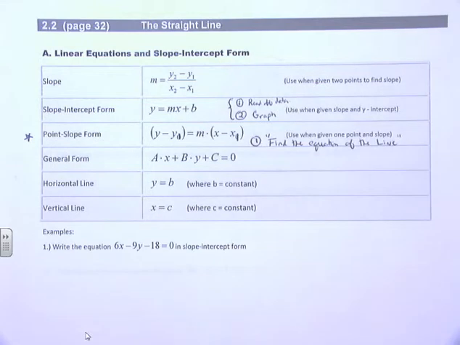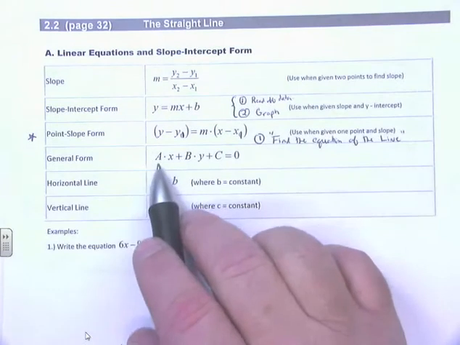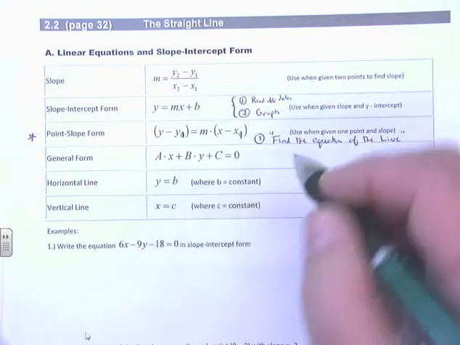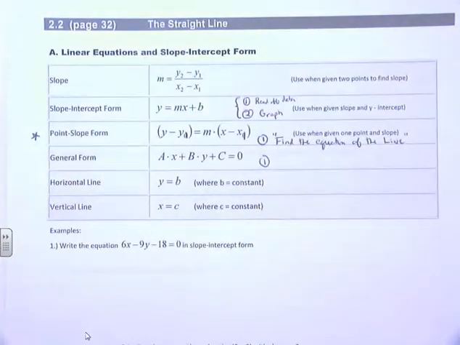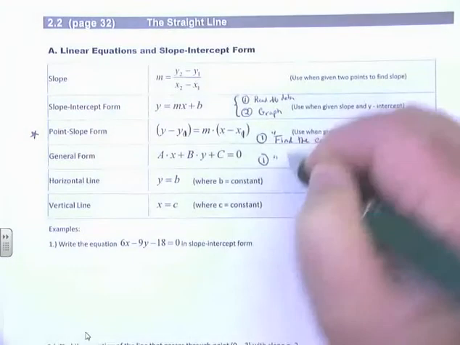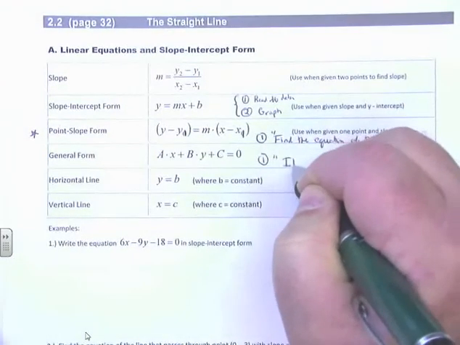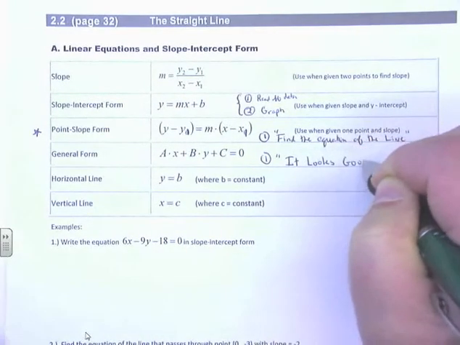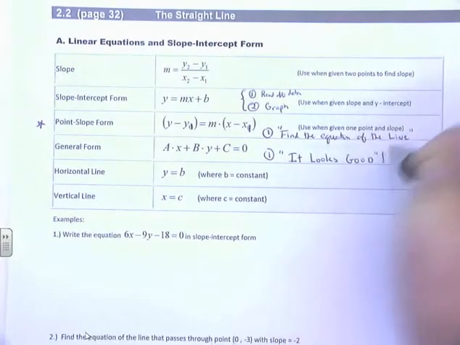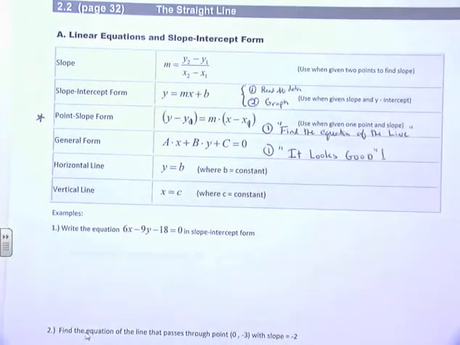But now, to understand this material, everything has a purpose and why we do it. General form has one purpose in life. What is the purpose of the general form? ax plus by plus c equals 0. This is the purpose in life. That's it.